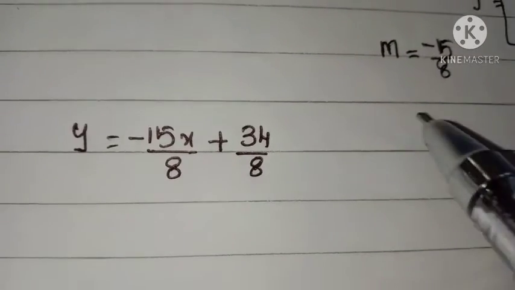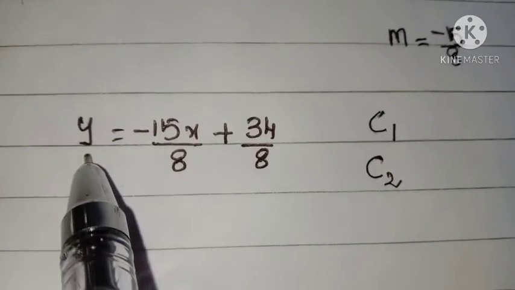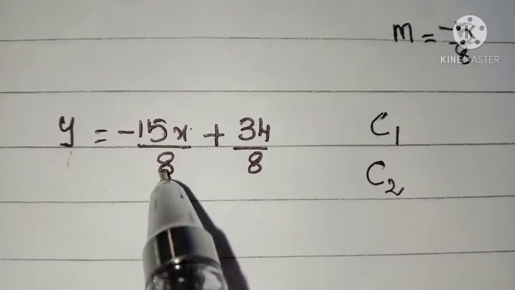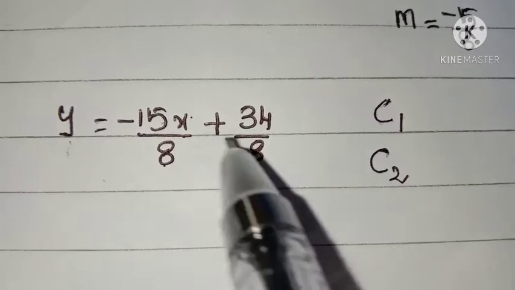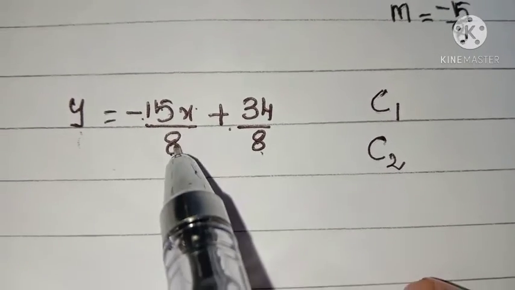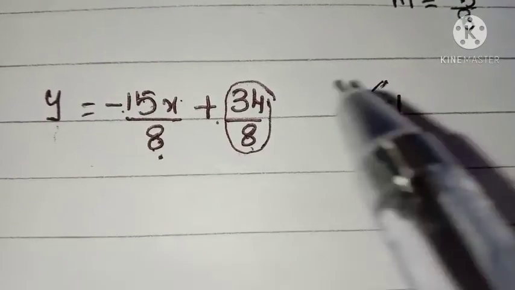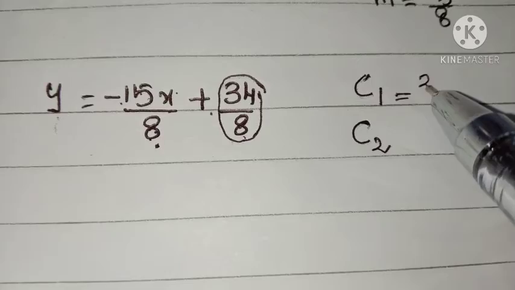Now we need to find what is C1 and what is C2. Listen here, y equal to minus 15x by 8 plus 34 by 8. Here this minus 15 by 8 is the m that we defined. Now take this 34 by 8 as C1.